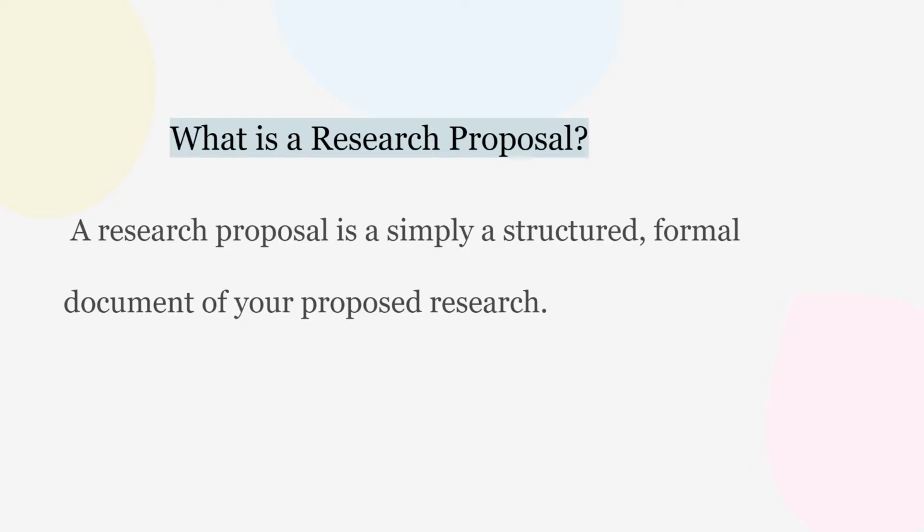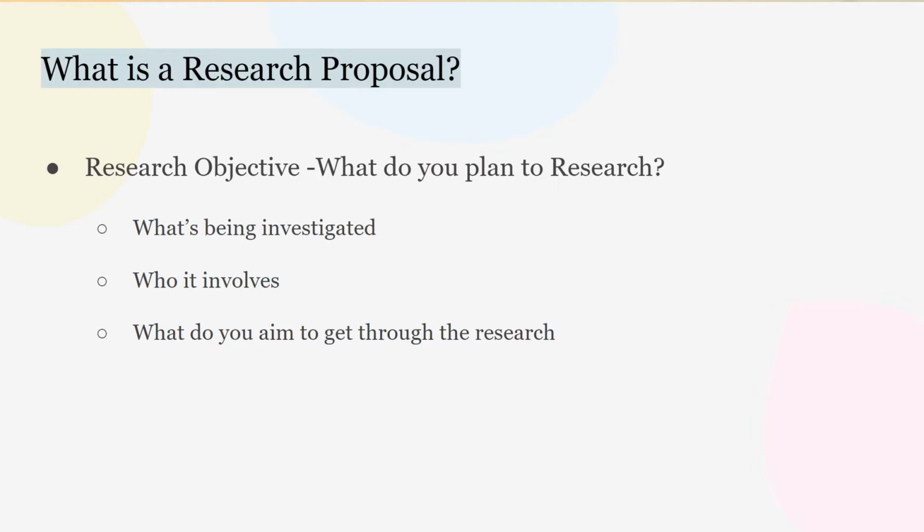So a research proposal is essentially a simple and structured formal document of your proposed research. And it includes, number one, your research objective. It includes what you in fact plan to conduct your research for. Your proposal needs to clearly articulate your research objective.